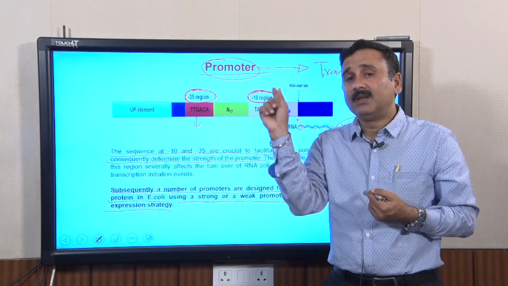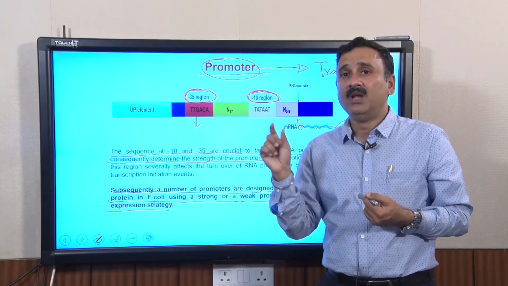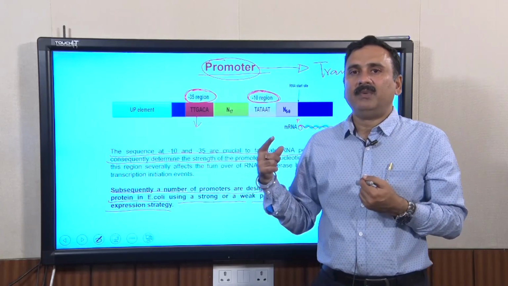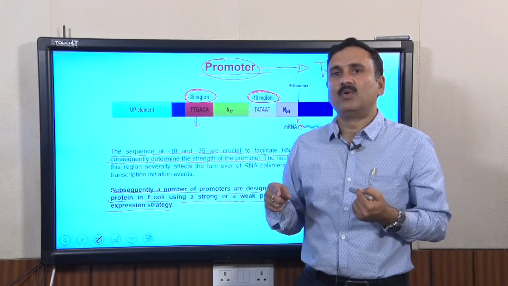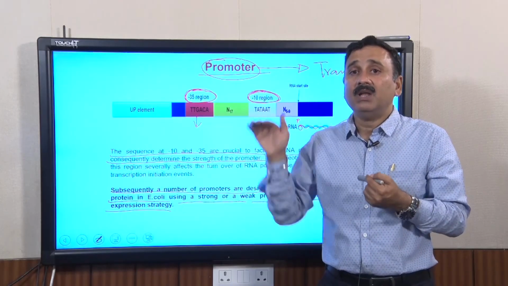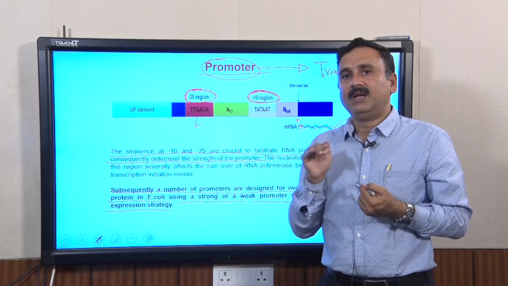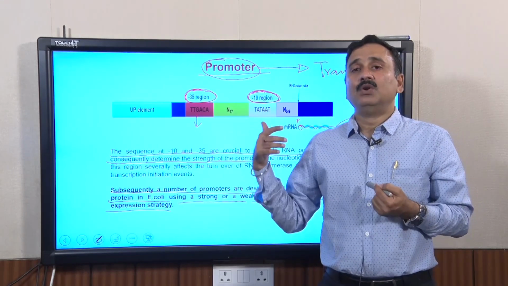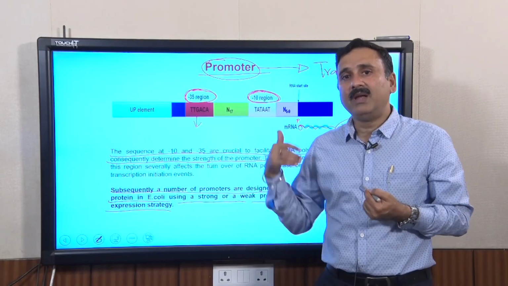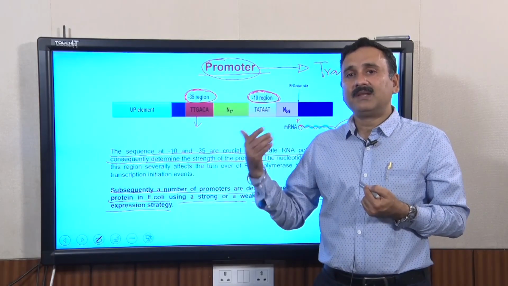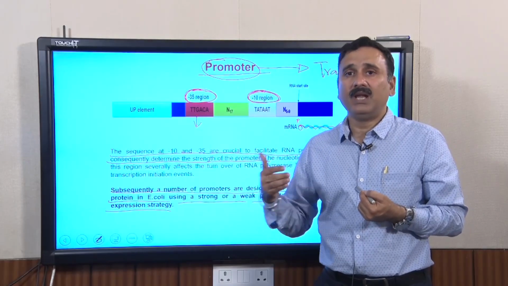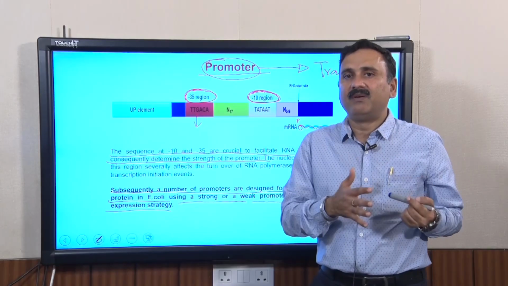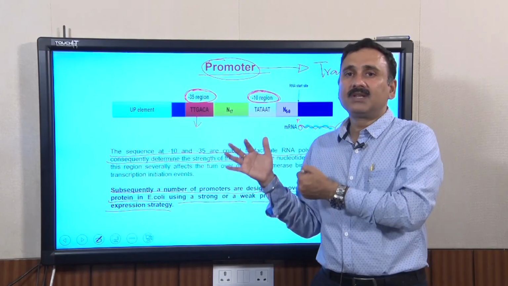If you produce this mammalian protein very rapidly, the E. coli system may not be able to fold this particular protein into the proper conformation. But if you reduce the kinetics of the protein production, you give the folding machinery a chance, and the protein may get folded properly and you may get the active protein. So, in those contexts, sometimes people prefer to use the weak promoter versus the strong promoter.